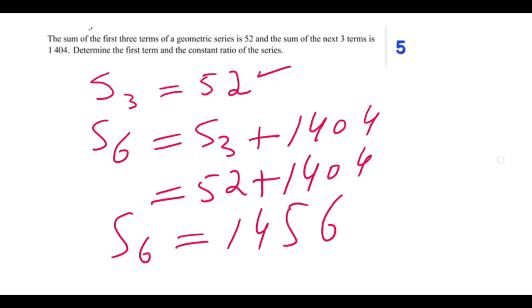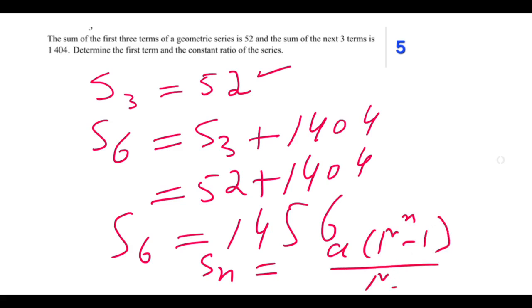Now I'm gonna use the general formula for the sum of a geometric series, which is Sn equal to a(r^n - 1) over (r - 1). So using the Sn formula, two equations can be established.